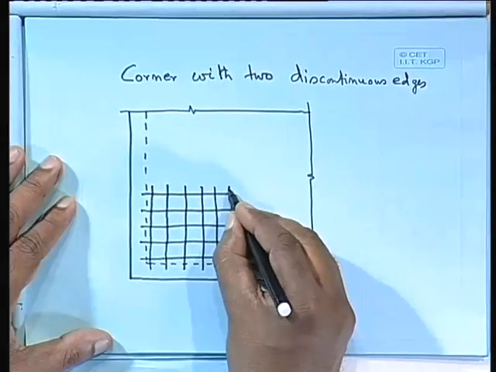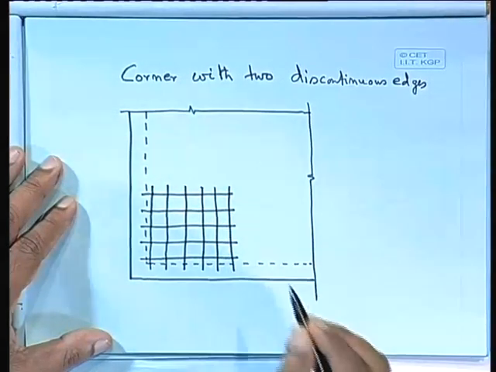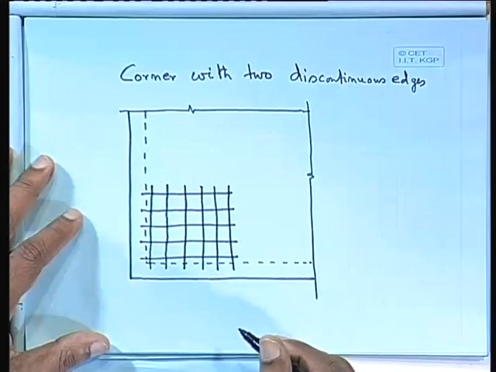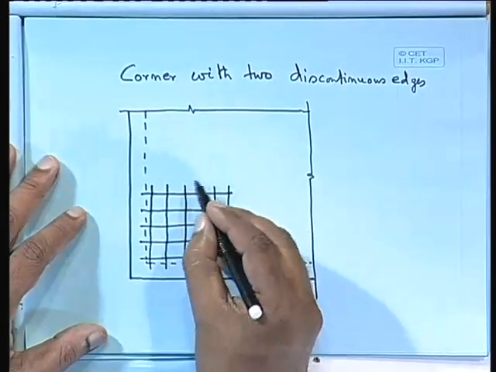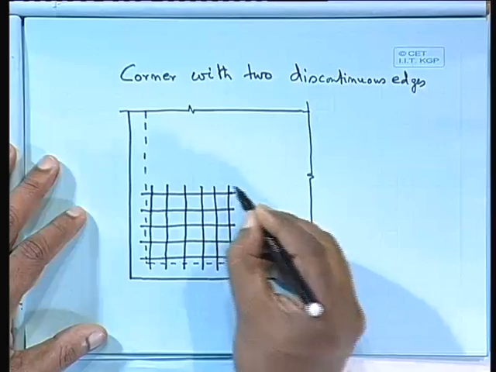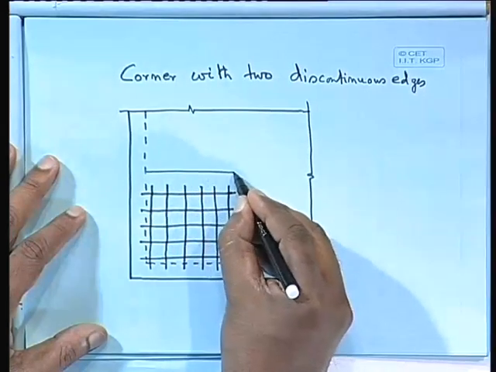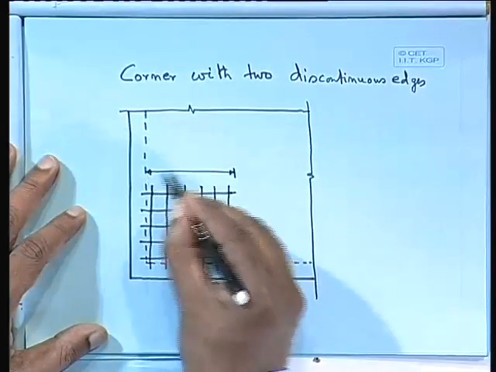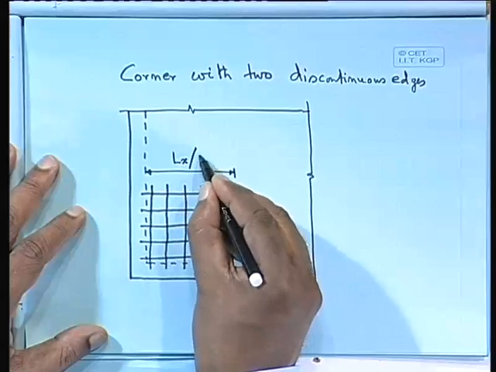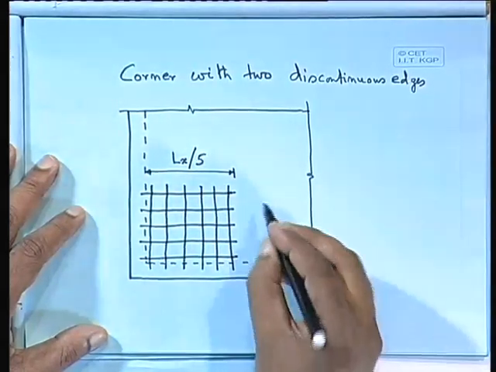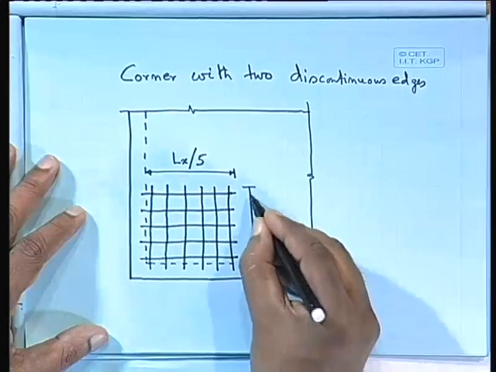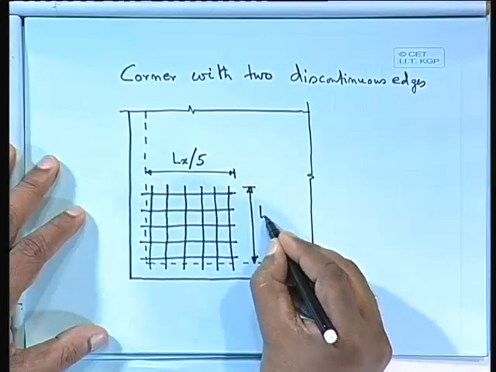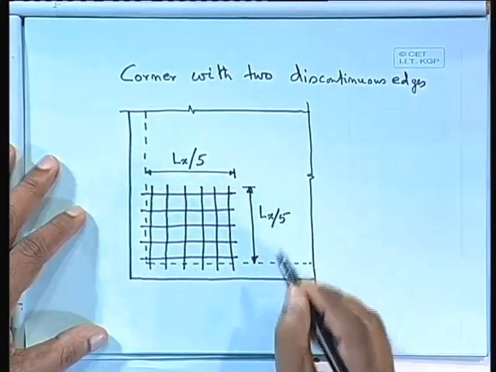Let us make one more here like this. So, if we have this corner reinforcement, what about that length? This length will be equal to Lx by 5, the other one also from the end of the support face, this is also Lx by 5.